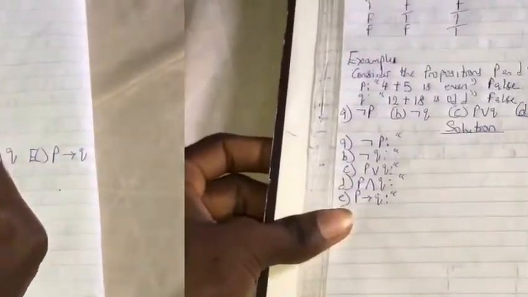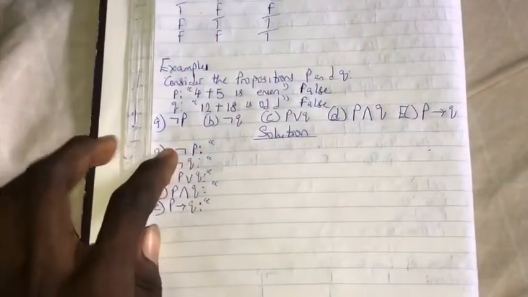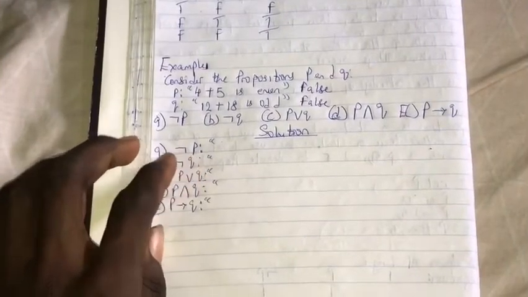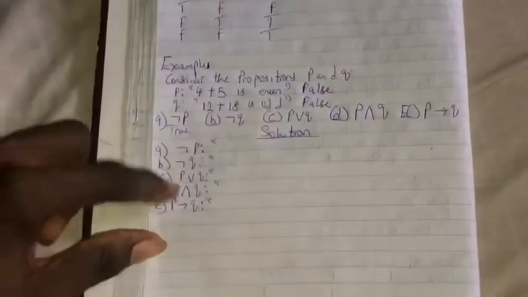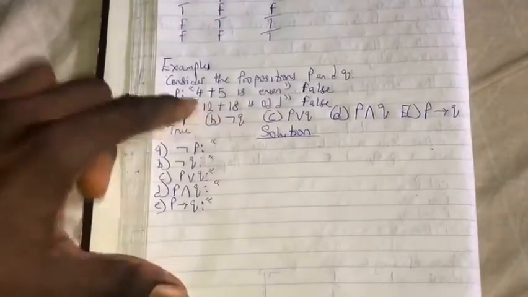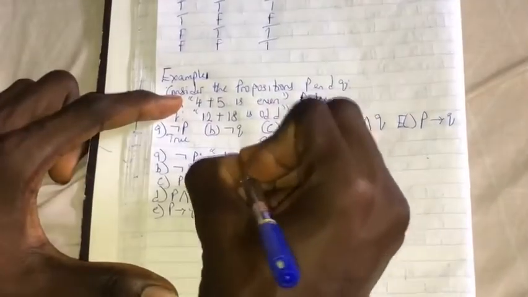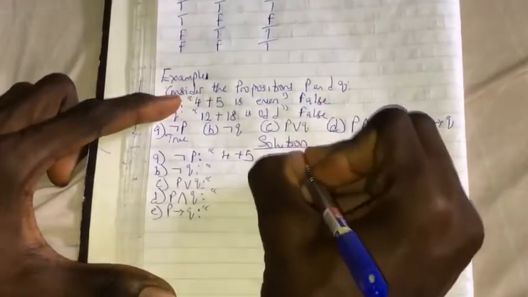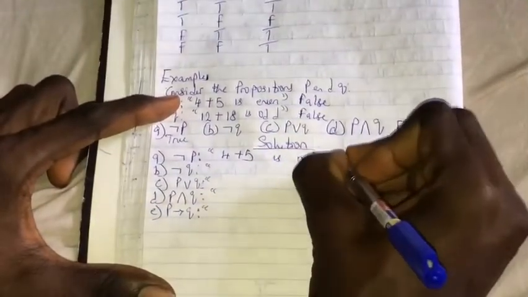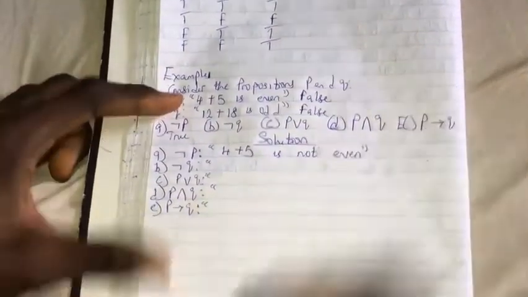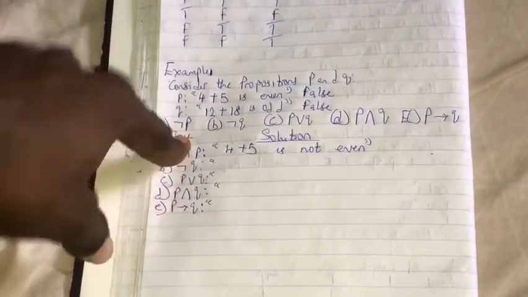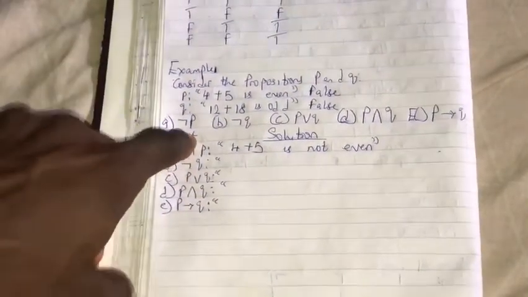Alright, so here's the solution. The first one is the negation of P. The negation of P means it's true, right? Therefore, 4 plus 5 is not even. Why? Because it's true. Can you see?